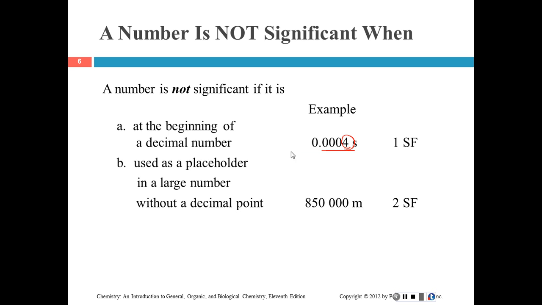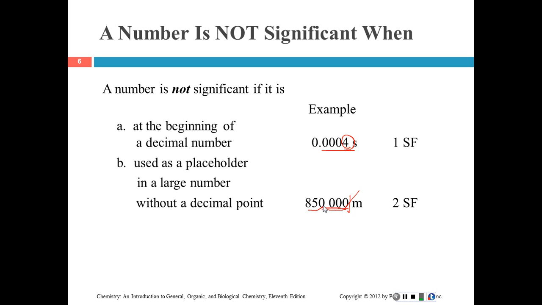Okay. A lot of times, if you can look at a number, if you can write it in scientific notation, you can tell how many numbers are going to be significant, because it's whatever that coefficient is times your power of 10. And if the zeros are holding a place, okay, and there's not a decimal point, then they are not significant.